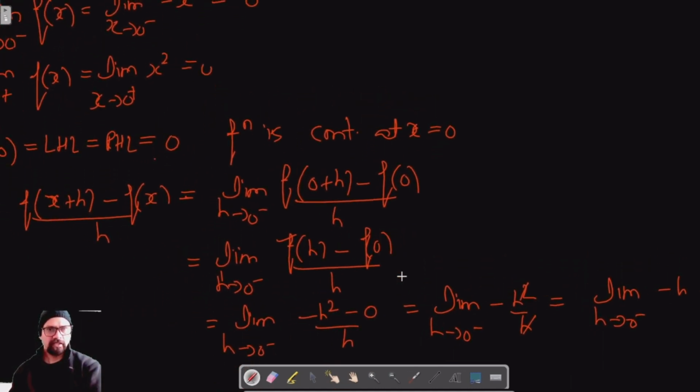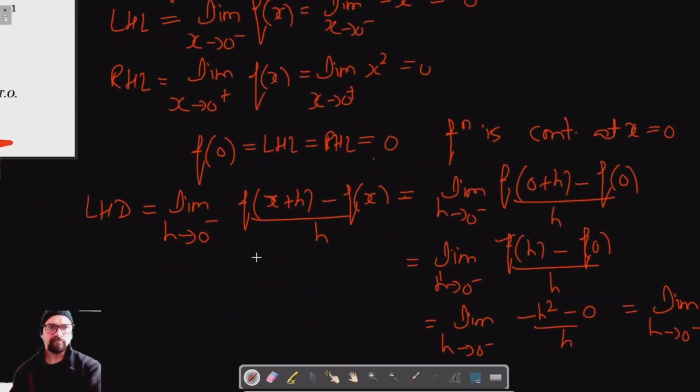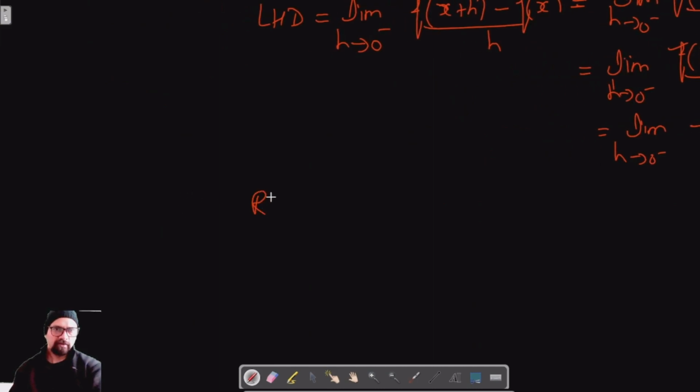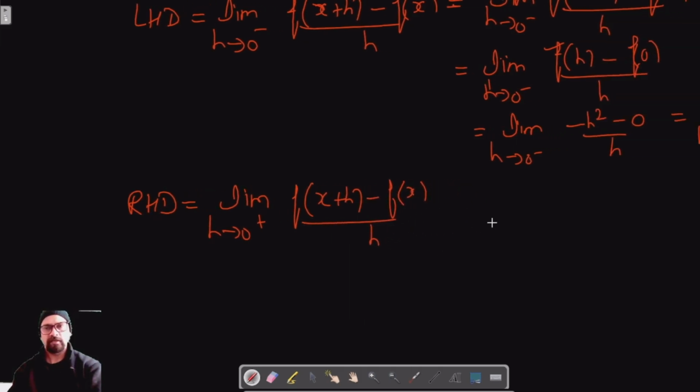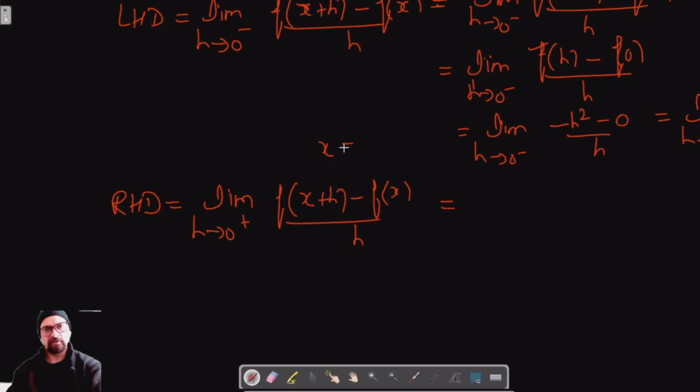Similarly, for the right hand derivative, this is limit h tends to 0 positive of f of x plus h minus f of x upon h, where x is equal to 0.